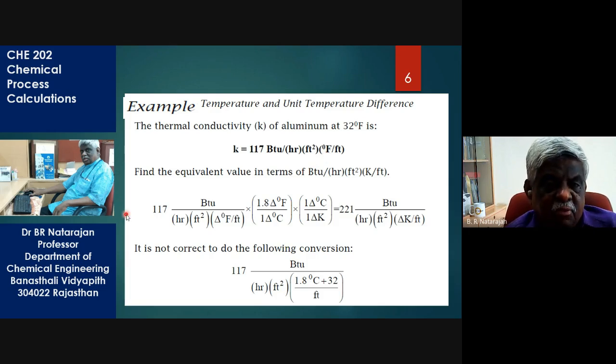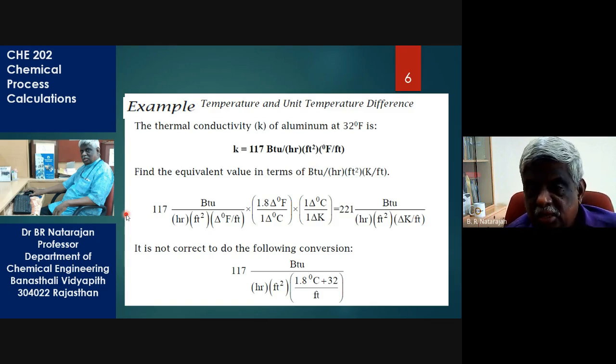Because if the value did not change with respect to temperature, then you know how to convert degree F into degree Kelvin: convert Fahrenheit into Celsius, and Celsius into Kelvin with 273.